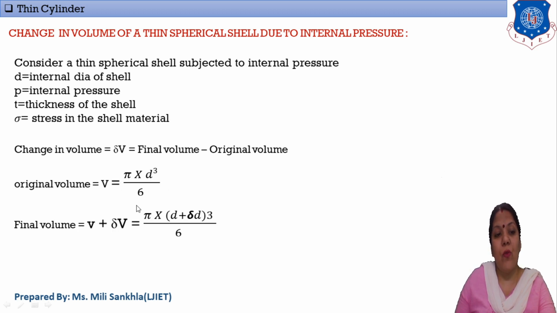Okay, now the final volume is equal to our original volume plus change in volume, that means V plus del V, which is pi by 6 into d plus del d, the change in diameter, whole cube.